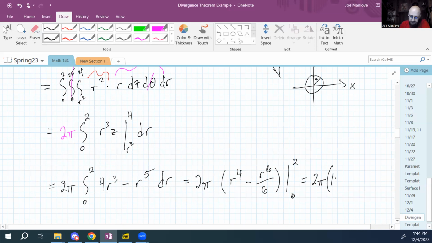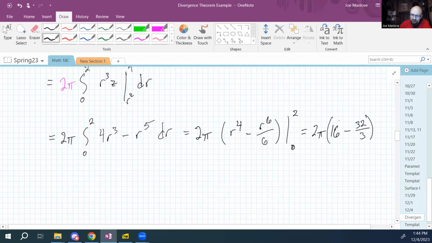16 minus, let's see, that's actually going to be 2 to the 6th over 6, so that's going to be 32 thirds. And let's see, 16 is 48 thirds.